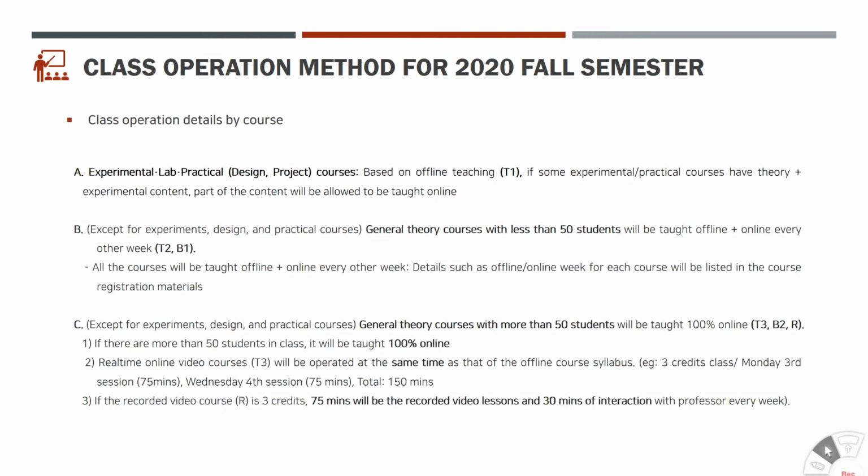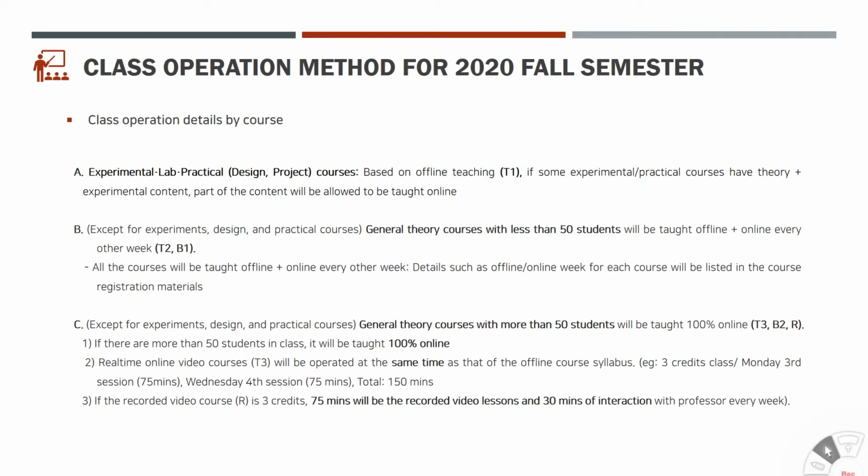So this is the class operation details by course. Number A, based on offline teaching, if some experimental practicals have theory plus experimental content, then part of the content will be allowed to be taught online. That means practical courses which have theoretical parts, those theoretical parts can also be conducted online.